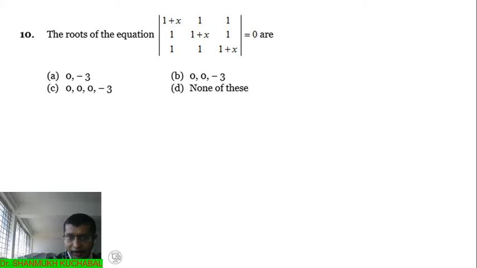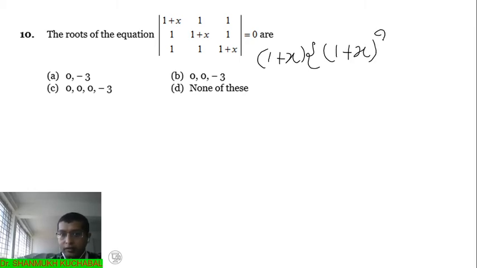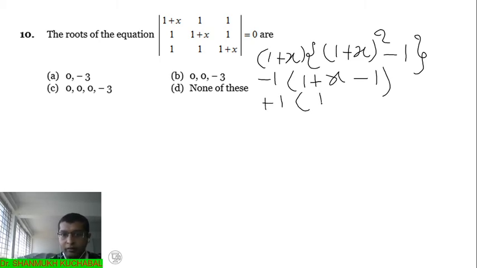Here I expand it directly, so we get 1 plus x outside, we get 1 plus x whole square minus 1, minus 1 into 1 plus x minus 1, right? 1 plus x minus 1 plus 1 outside, 1 minus 1 minus x, like this.